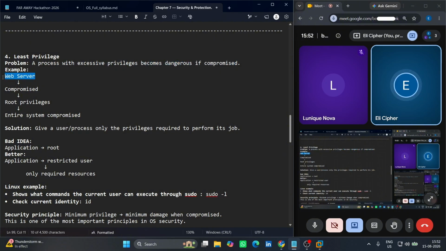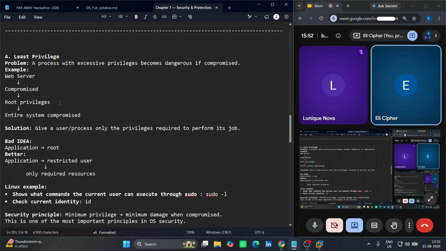For example, a web server: if the web server gets compromised, then it can also give you root privilege. Root privilege means something the normal user doesn't have, right? You must have heard about incidents where companies got hacked and another picture shows on the screen again and again.